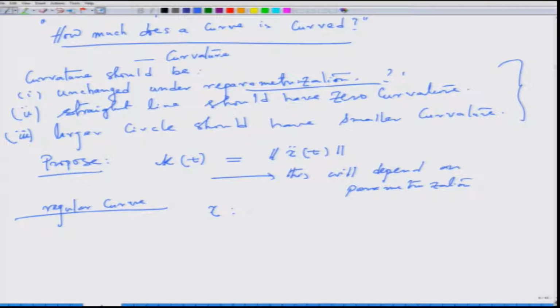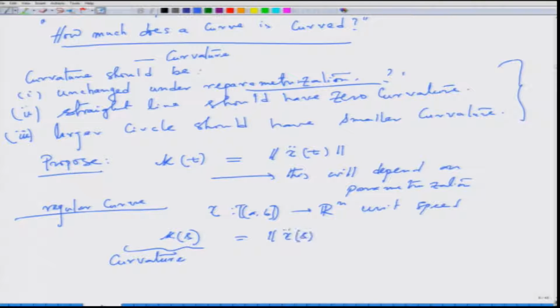So, let us say gamma is unit speed, then I can propose curvature to be the rate of change of speed and its norm, and you can easily verify this satisfies one, 2, 3.